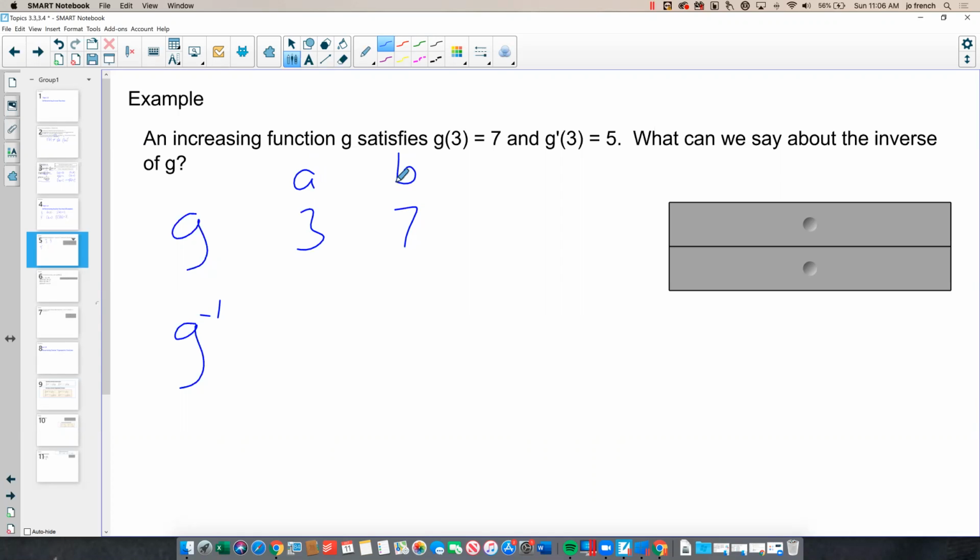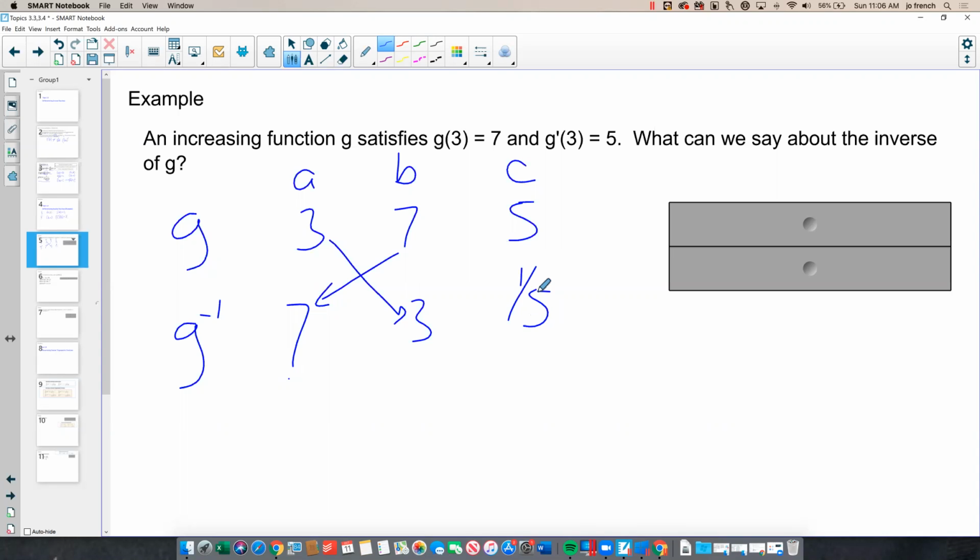And my derivative at 3 is going to be 5. Well, that means that my input in the inverse is going to be 7, where my output will be 3, and my derivative at 7 is going to be the reciprocal of my derivative at 3 in the original function.